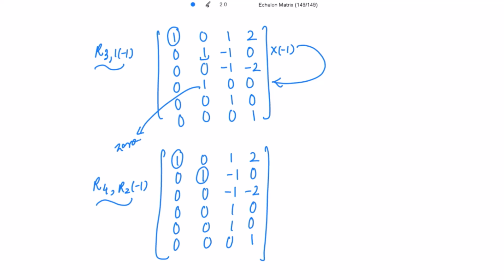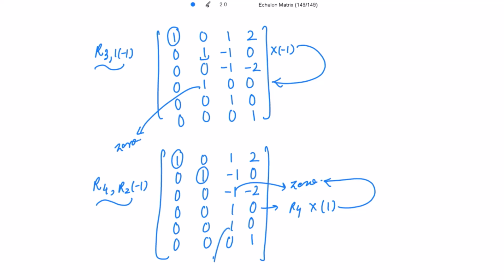And what about the third row? In the third row, I'm having -1 as the leading entry. But I'm not interested in entries having negative signs, right? So my first preference is to make this 0. For that, I take the help of row 4 and multiply the elements of row 4 with 1 and add its elements to row 3.